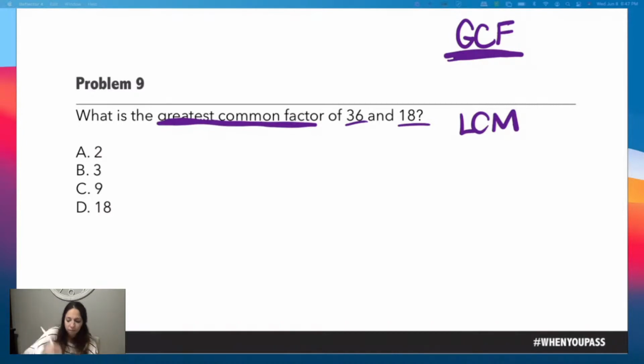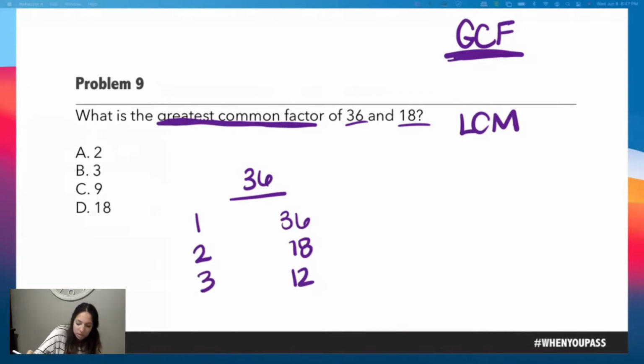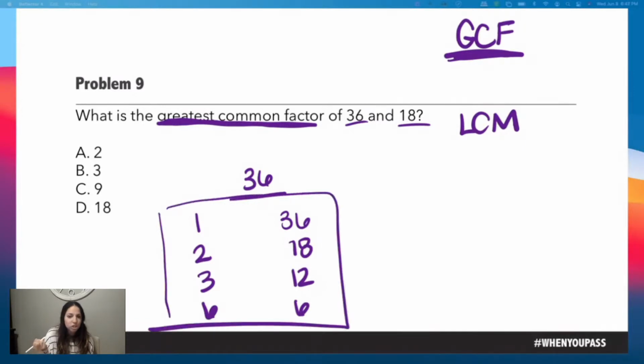and find the biggest one. The factors of 36 are going to be 1 times 36, 2 times 18, 3 times 12, 4 doesn't work, 5 doesn't work, and 6 times 6. These are all factors of 36.